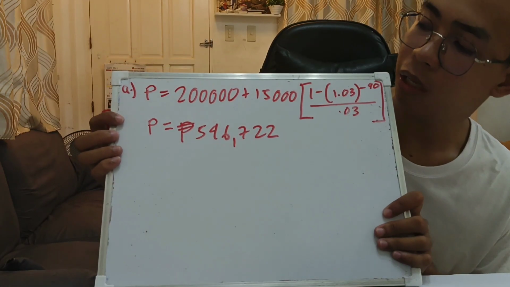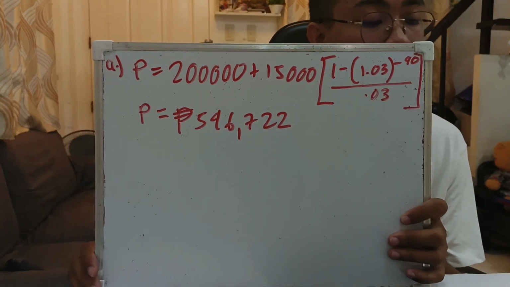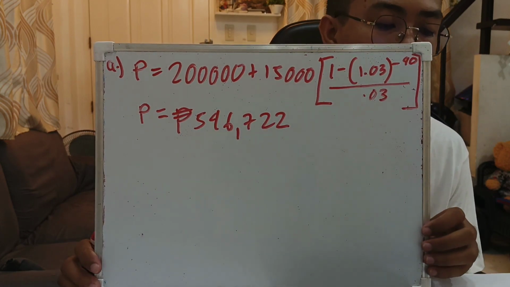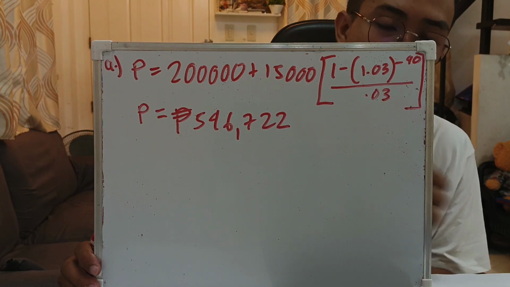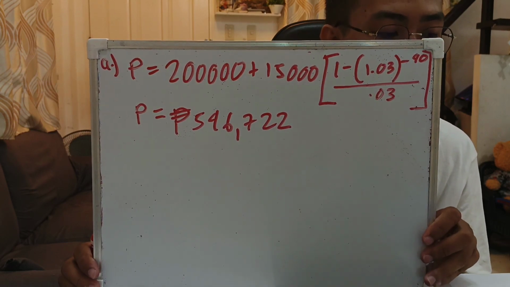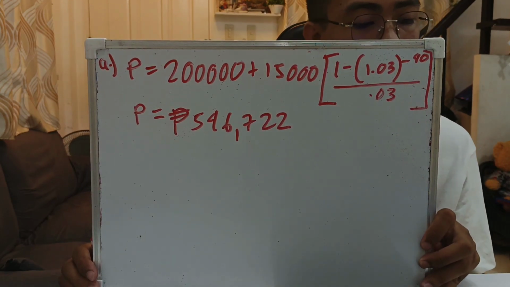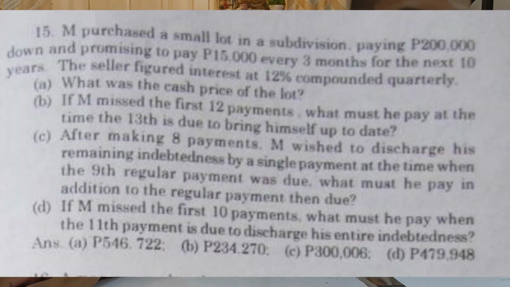So substitute it to the formula: 200,000 plus 15,000 times the quantity of 1 minus (1 + 0.03) to the power of negative 40, over 0.03. So our P, our cash price of the lot, is 546,722 pesos.